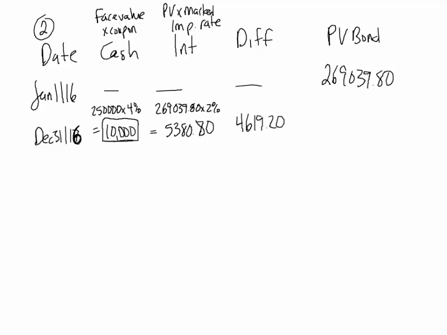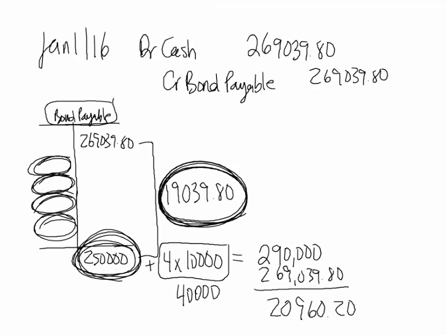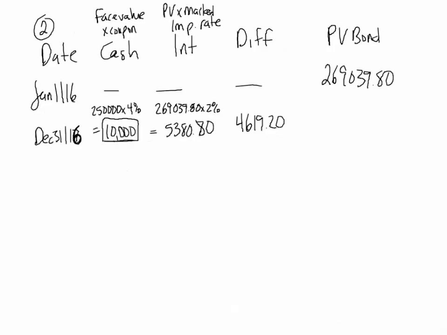This is the amount the investors have funded for the interest, a portion of the $19,039.80, and it draws down the bond payable until it's worth $250,000.